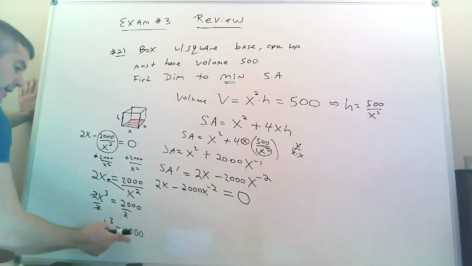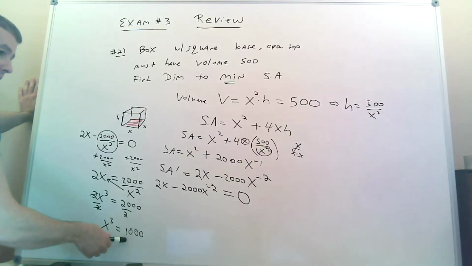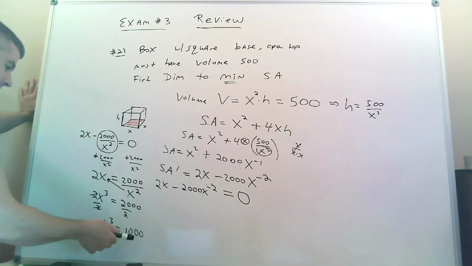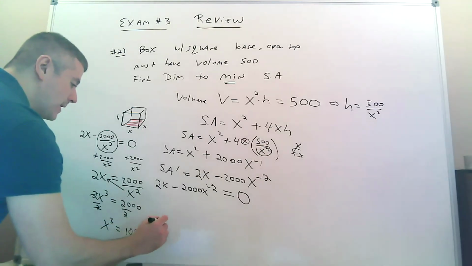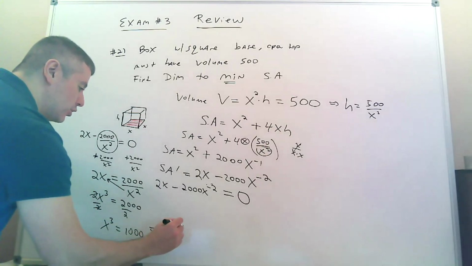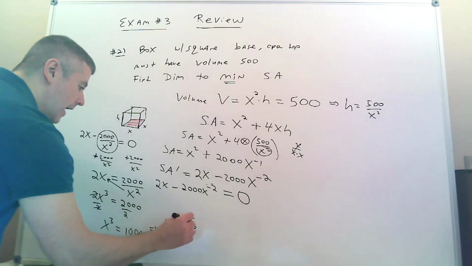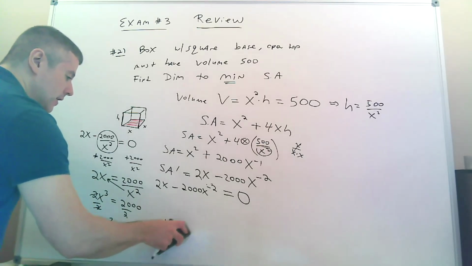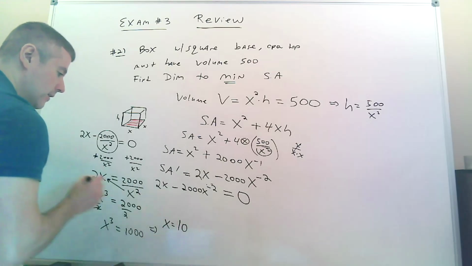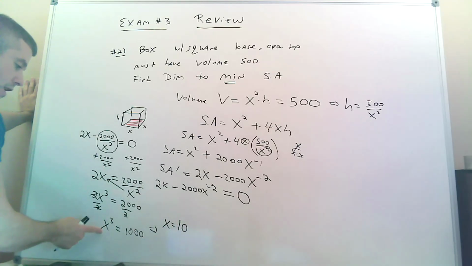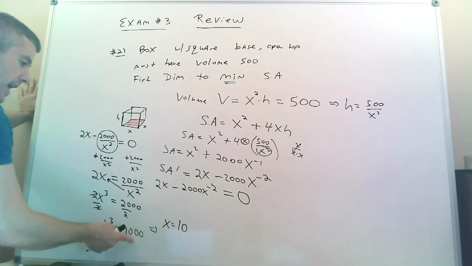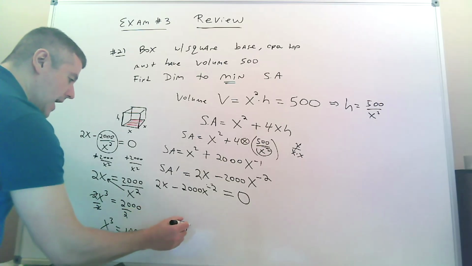This has to come out nice. I can't put a number here like 5. So that means x is going to be the cube root of 1,000, but you don't even need to do that. It's 10. 10 to the third is 1,000. So that means that x is 10.